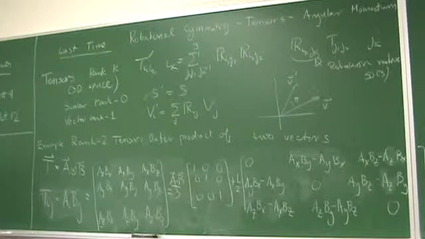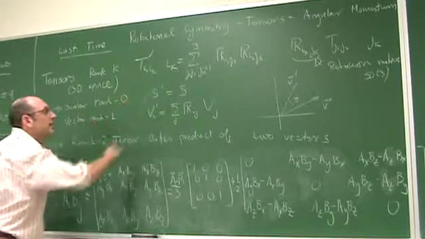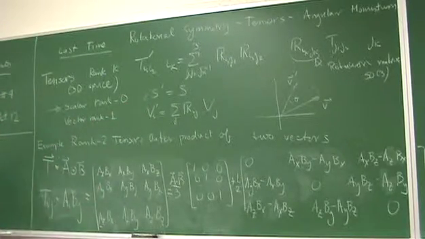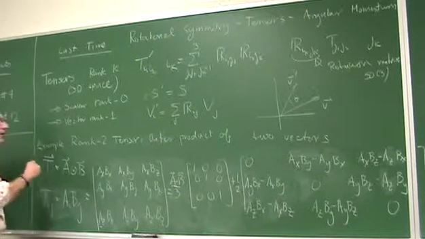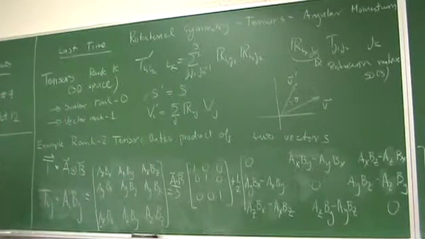Okay? So, we can have then a scalar, which is an object that is rank 0, therefore doesn't transform under a rotation, or a vector, which is a rank 1 tensor, which transforms as such, according to a rotation matrix.